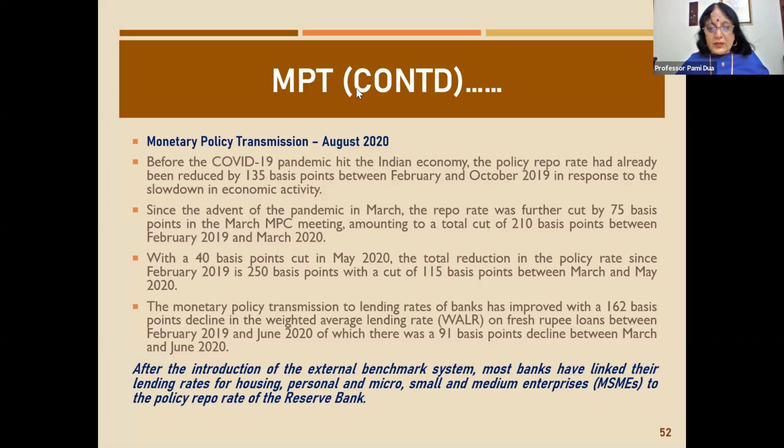And also, as I said earlier, we now have the external benchmark system, and most banks have linked their lending rates for housing, personal, micro, small, and medium enterprises to the policy repo rate, and therefore the bank rates are now more responsive to the policy rate because of this mandated benchmark system.